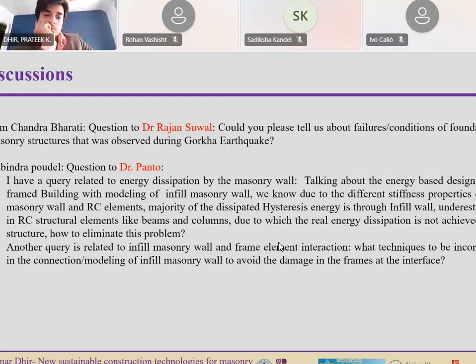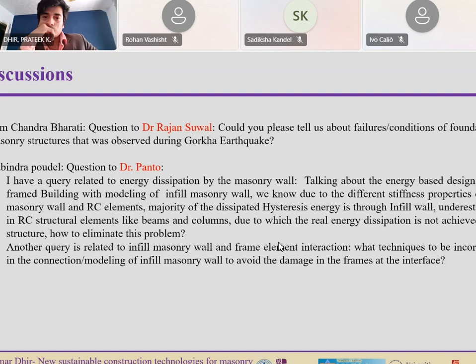We can simulate the crushing or the detachment of the frame, many times observed close to the corner of the element, and we can also include the damage within the masonry and the frame.